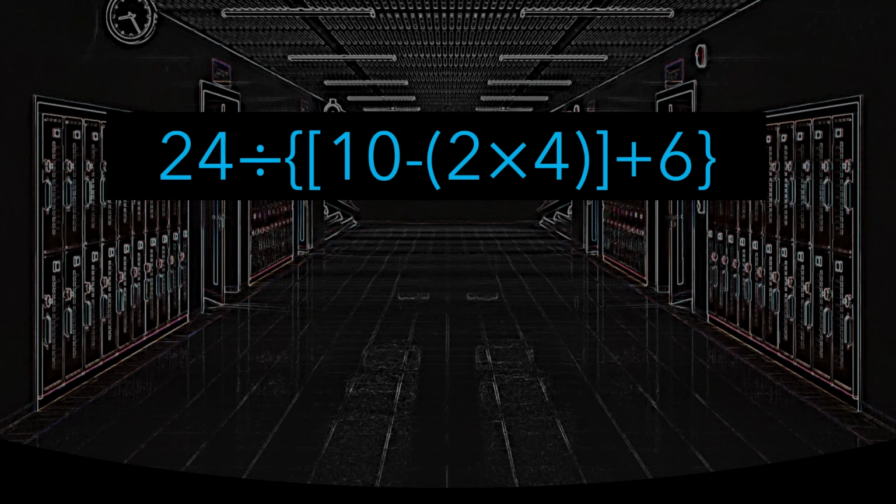All right. Now I've added an extra number, and I've added an extra grouping sign. In this case, the grouping sign is braces. So brackets are inside the braces, and the parentheses are inside the brackets. We're going to do the parentheses first.